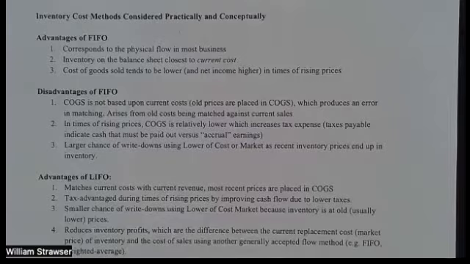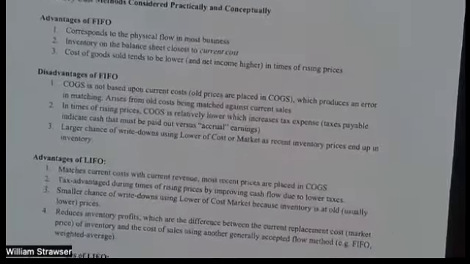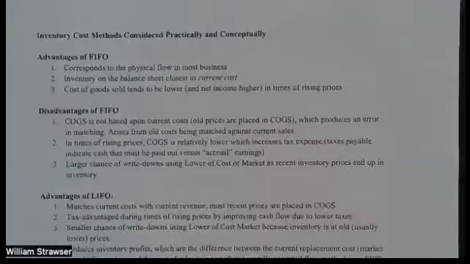All right. So I want to talk about the conceptual parts of how a choice of cost flow method affects my financial reporting, essentially. And it can affect it in a few ways.